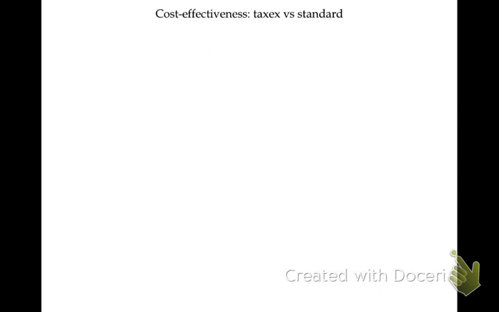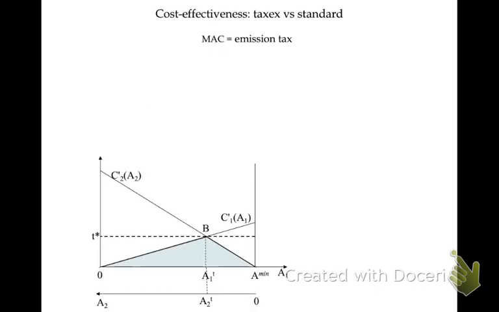And if you think about the standard, no? And we go back to this picture, and what is this blue area? This blue area is the total cost of the policy, because you can do the integral and you can sum all the small bits of the marginal cost.